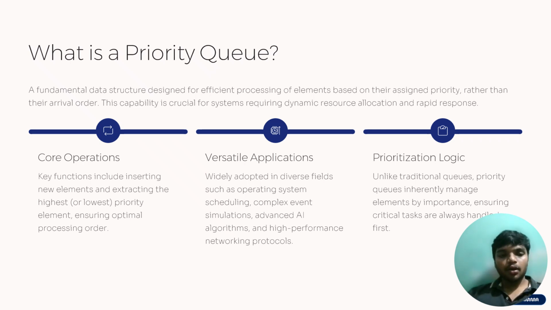High priority items come out before low priority ones. Shared memory is a memory region accessible by multiple processes or threads. This is often used in multi-core or real-time systems where different components or applications communicate quickly.